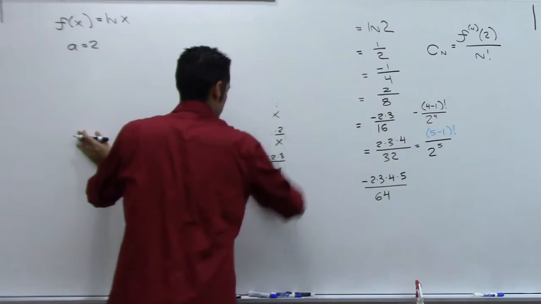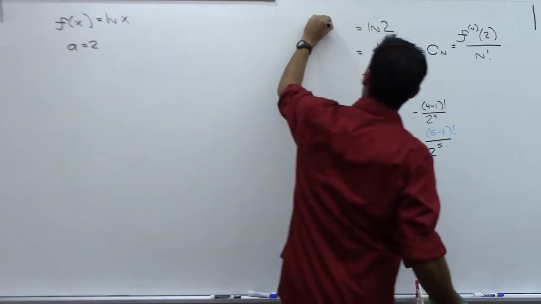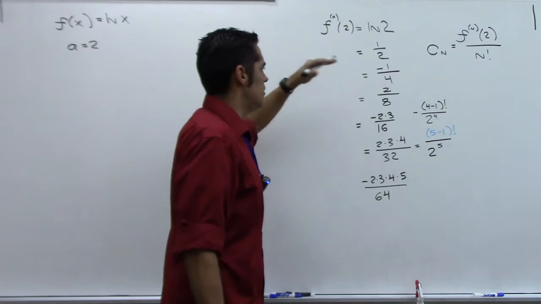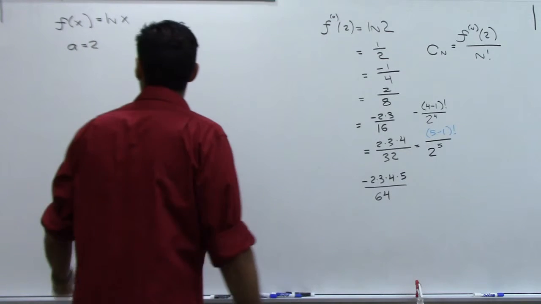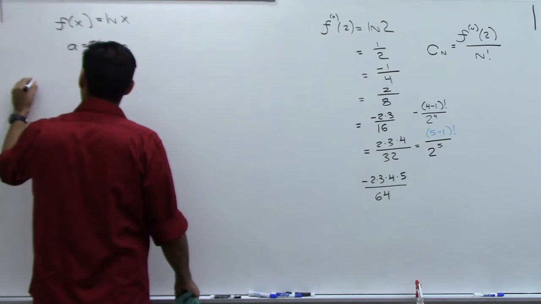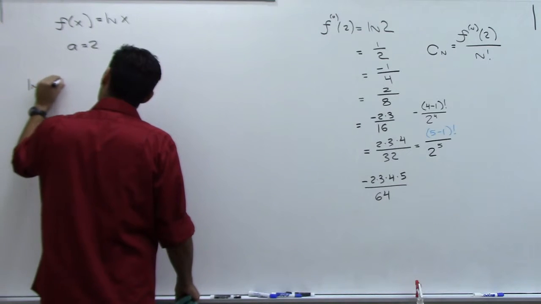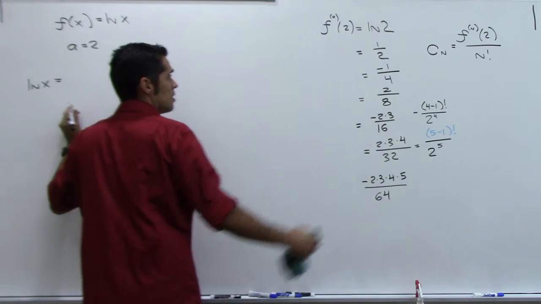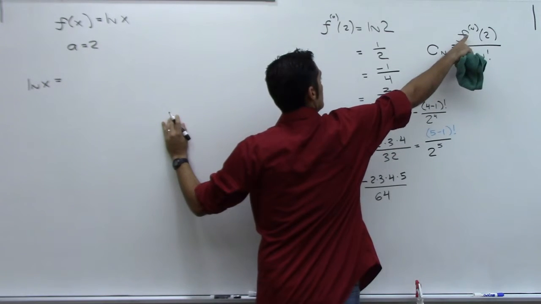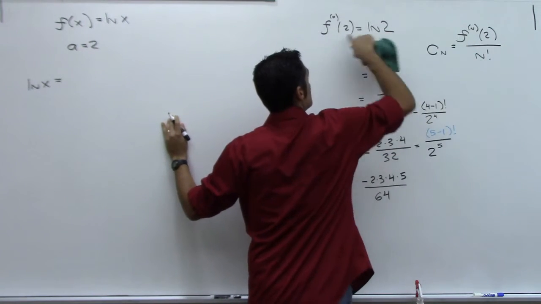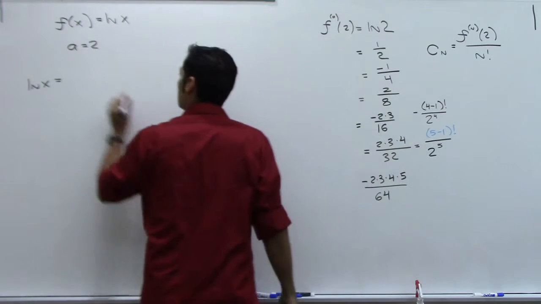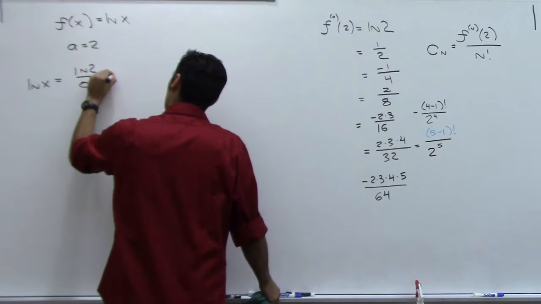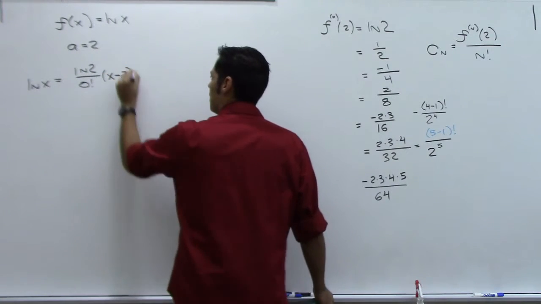Remembering that this was the 0th derivative at 2, and then this is the 1st derivative at 2, 2nd derivative at 2, 3rd, 4th, 5th. So when I write this out, I have that this function, natural log of x, is equal to c sub 0, which is going to be this right here with 0 in there, which is that number over 0 factorial. So natural log 2 over 0 factorial, x minus 2, that's x minus a, to the 0.